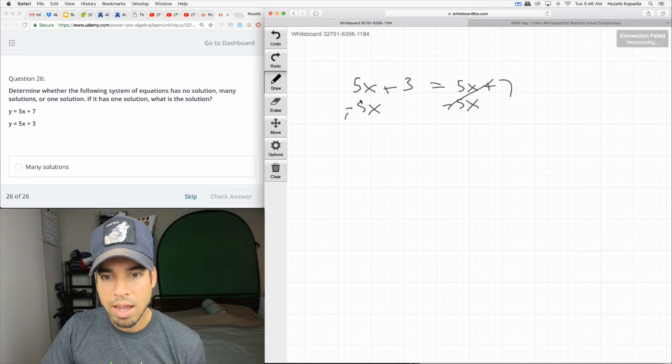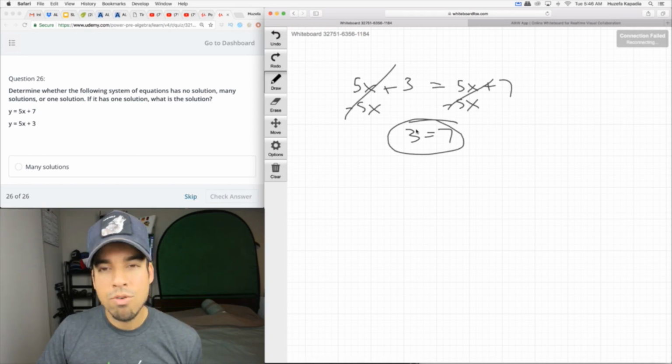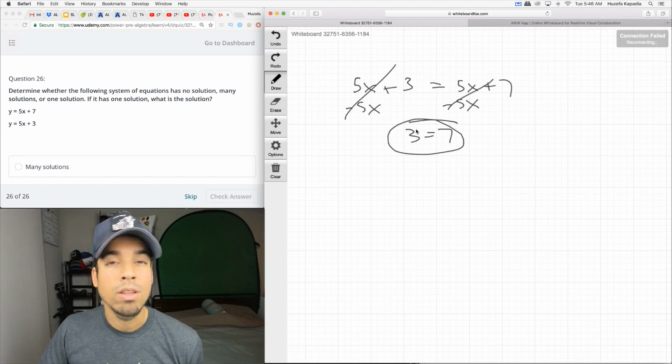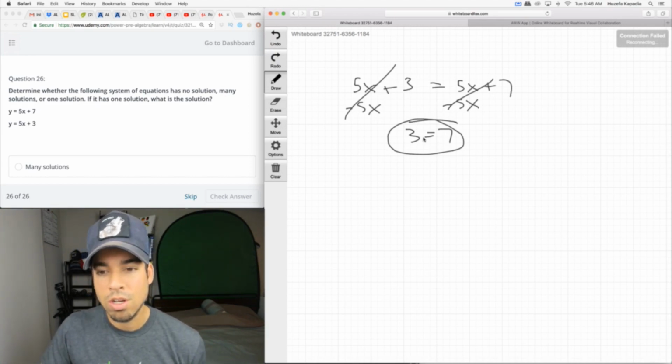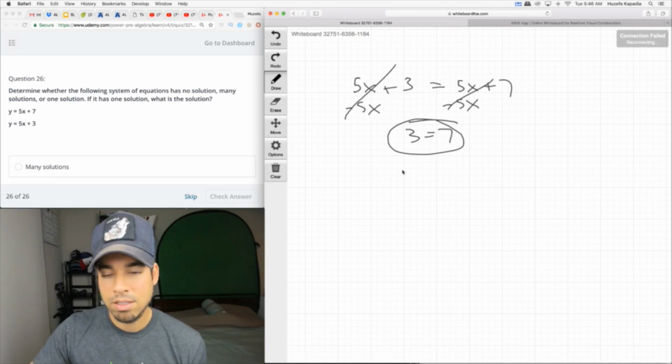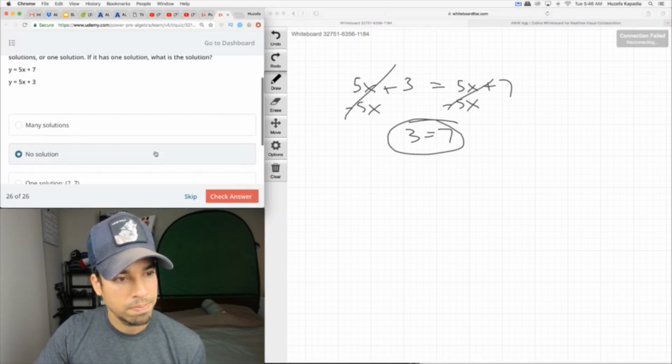Now you see what's happened. The x's are completely gone, but we are left with this bizarre answer, 3 equals 7, which is patently false. If you get something like 3 equals 3 or x equals x, that means there are infinite solutions. When we get 3 equals 7, it means there's no solution because this is an absurd answer. And so we say no solution.